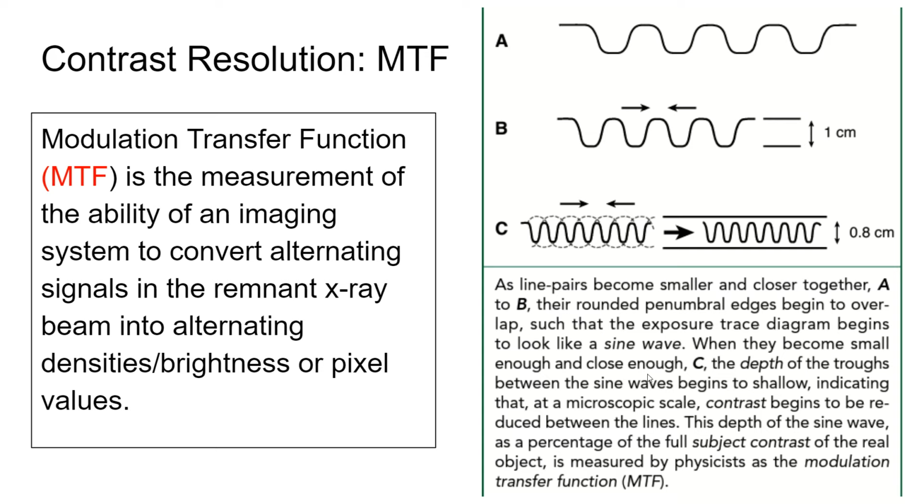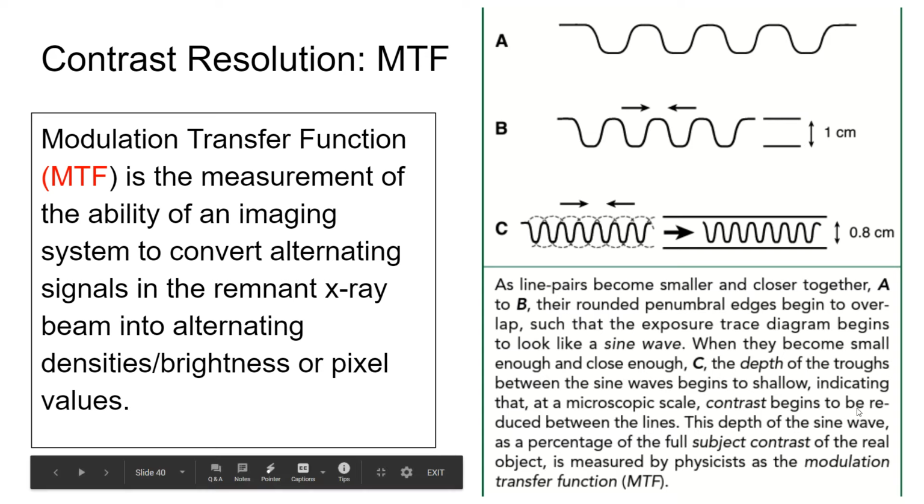So what happens is at a microscopic level, the depths of the troughs, so that's the bottom parts here, start to come together and merge with each other, right? And then when that happens, you start to lose resolution, right?